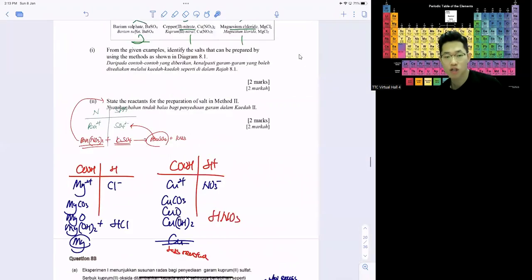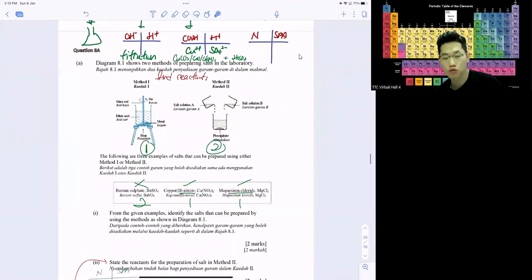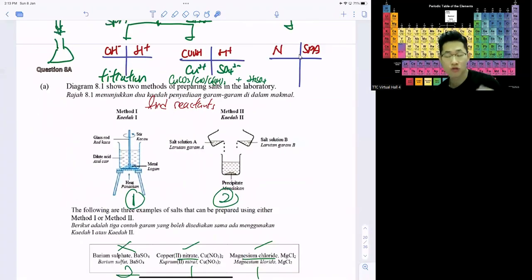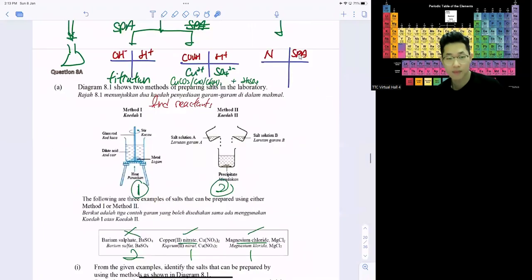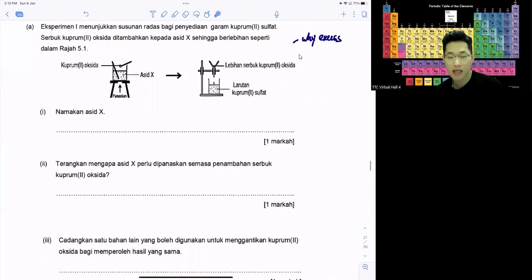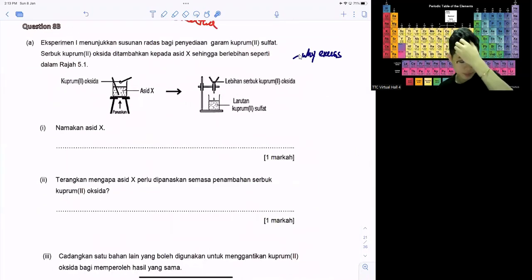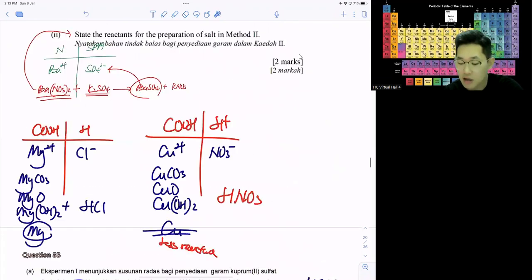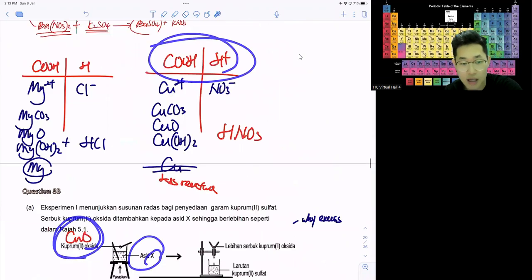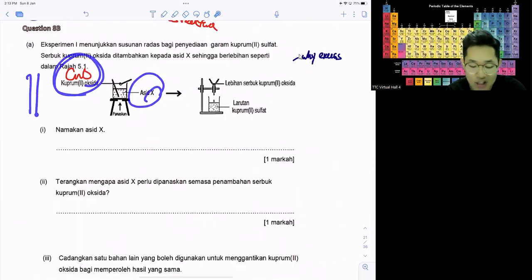Now move on to question 8b. So this whole page is mainly telling you how to find the reactant by using the cross. Okay, now in this question 8b, copper 2 oxide plus acid X. So metal oxide plus acid is this one, COOH. And can you see they are not titration?